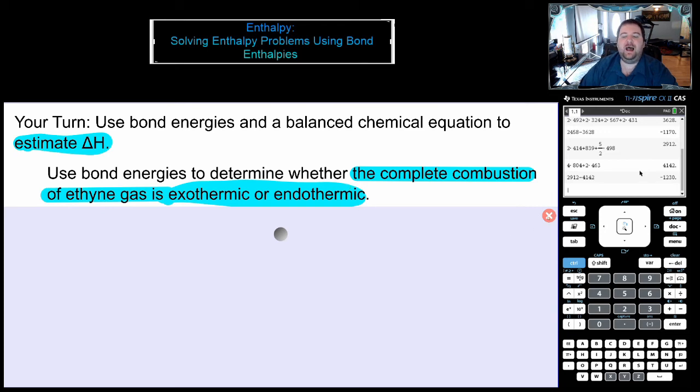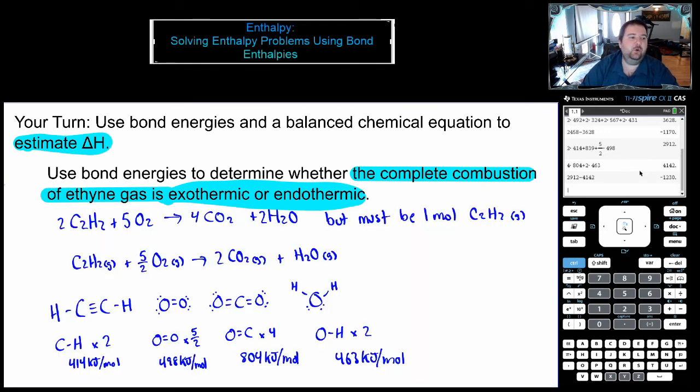Okay, welcome back. Let's go through the solution. So the first thing to do is to write out your equation. So you would have started with ethane gas plus oxygen gas, because it's combusting, is going to turn into CO2 and H2O, because those are the products of combustion. And then you would have balanced it, right? So balanced it with the 2, the 5, the 4, and the 2.